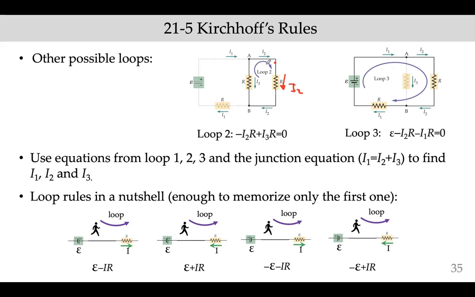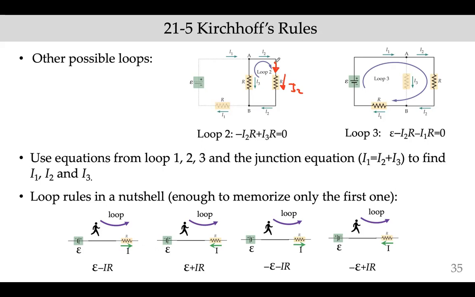The loop drawn here is clockwise. So let's walk down on this wire. This is the loop direction. So you run into this resistor. Now the question you have to ask yourself is, is the current on that resistor in the same direction as the loop, or are they in opposite directions?